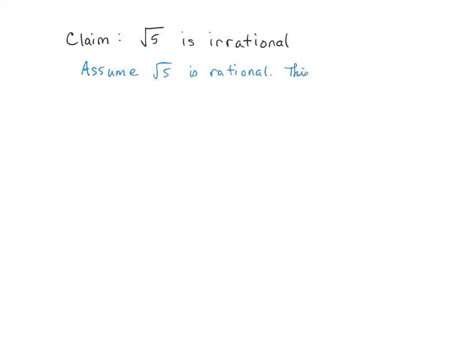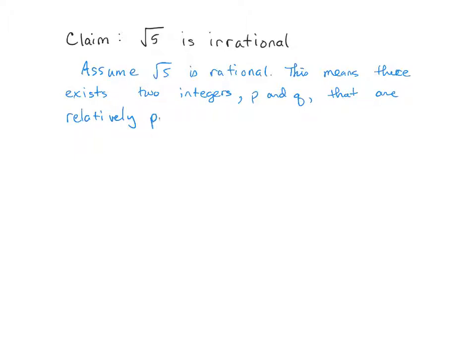This means there exists two integers, p and q, that are relatively prime, which is another way to say that they have no common factors, such that the square root of 5 is equal to p over q.